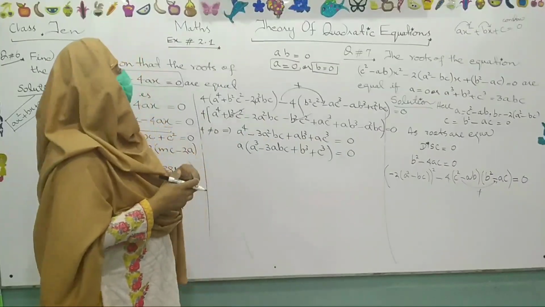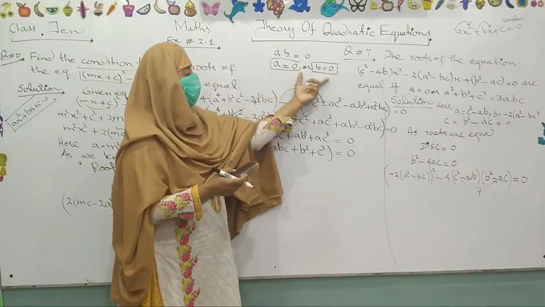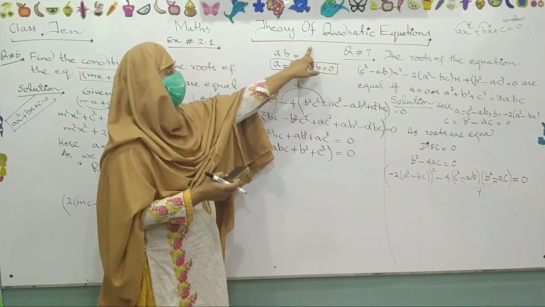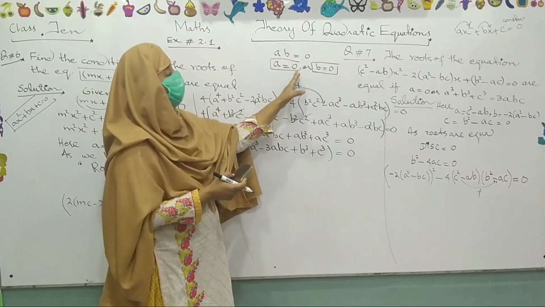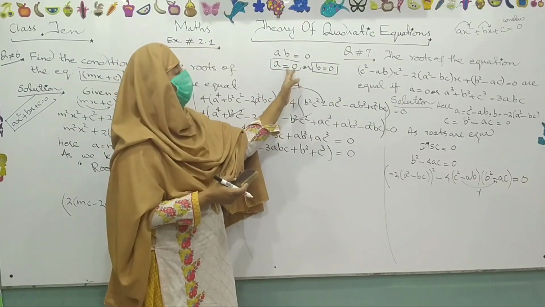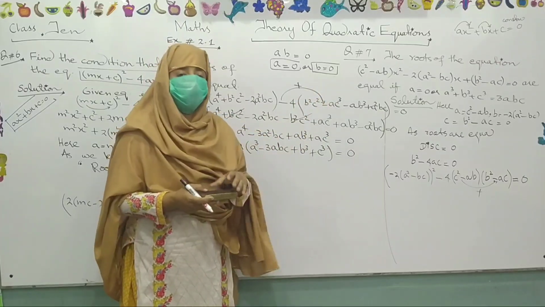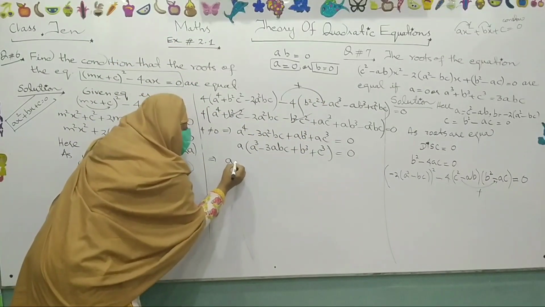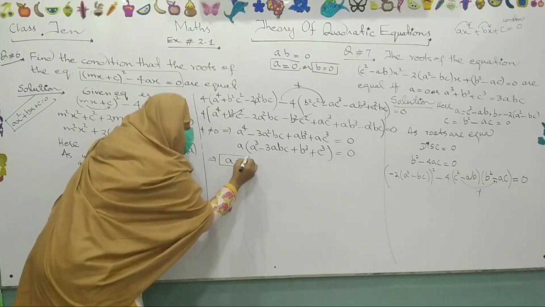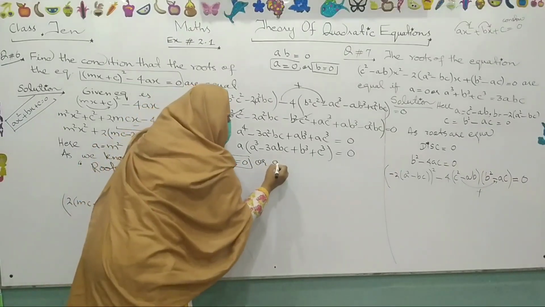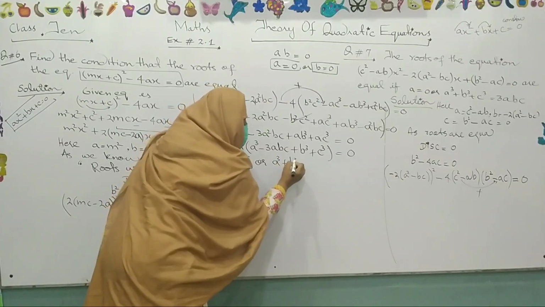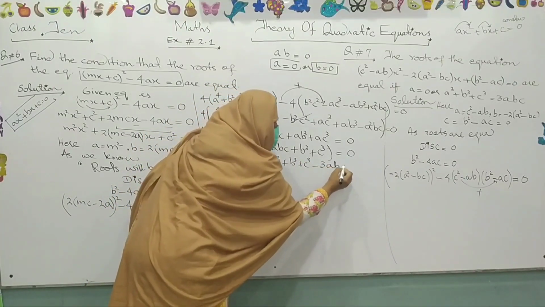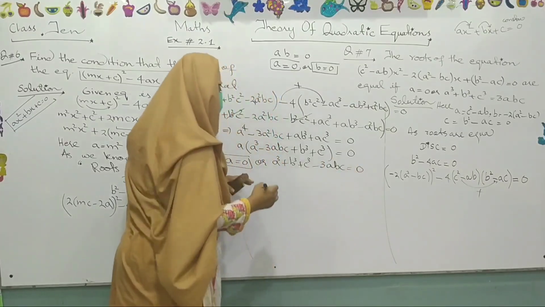Now students, again we will use this rule. If the product of two factors equals 0, it means either the first factor is 0 or the second factor is 0 or both. So I will say, which implies either a is equal to 0 or a cube plus b cube plus c cube minus 3abc is equal to 0.